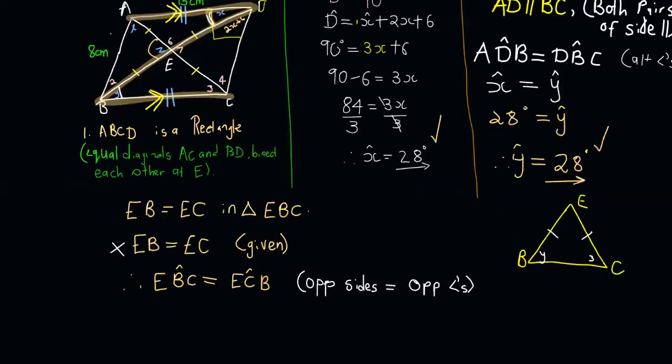So as I was explaining, triangle EBC is the one that we are having on the yellow diagram. Since they gave us the statement that EB is equal to EC, it's a must that this size of angle Y is going to be equal to this size of what? Of angle C3.